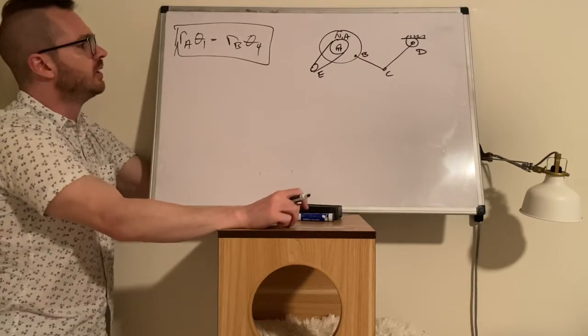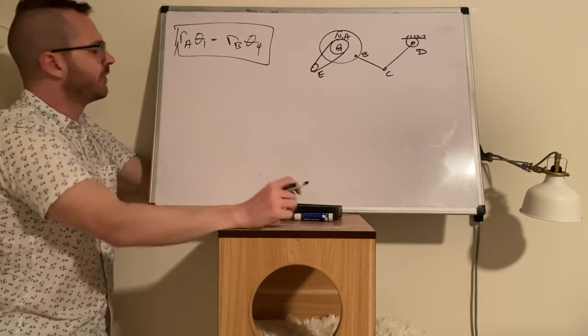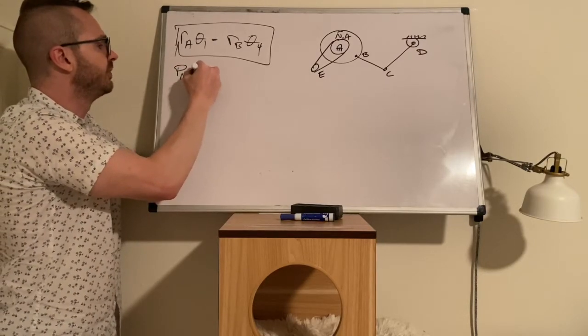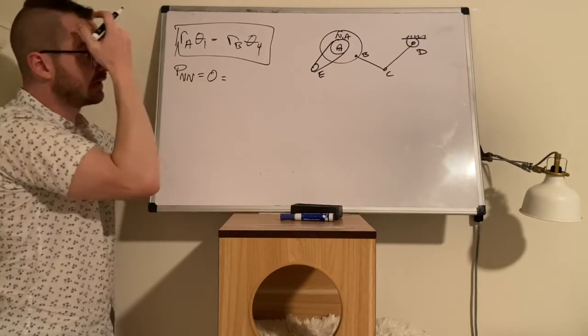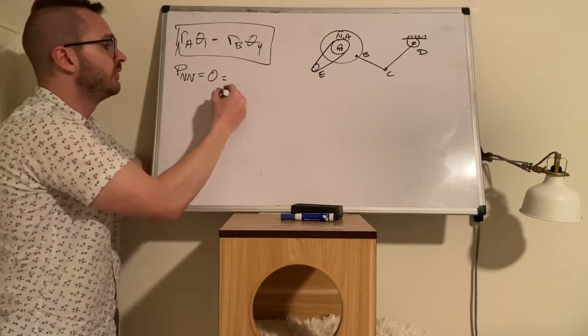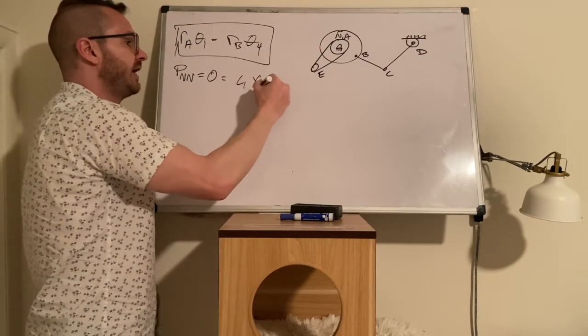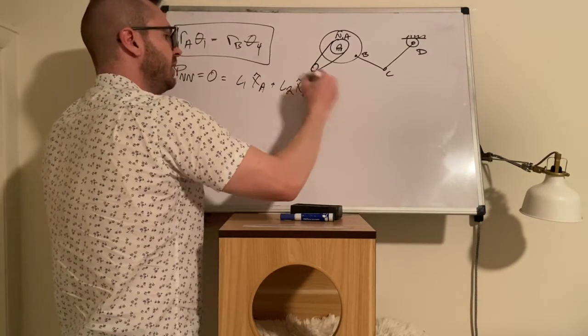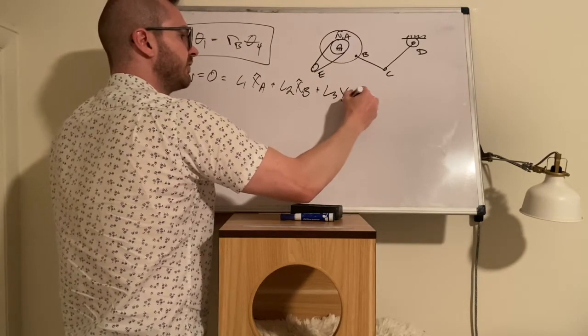Next, we need to do a vector loop, and we've called out a lot of those already. So if we're going to do the position vector from N to N, we know that this distance is 0. So we're going to do L1 xa, L2 xb, and L3 xc.